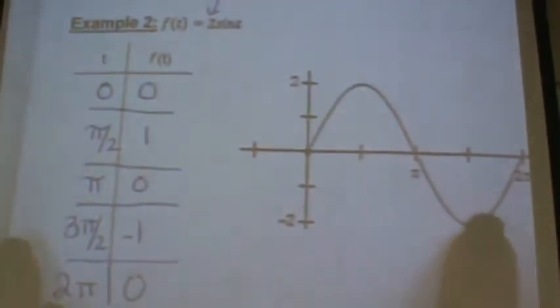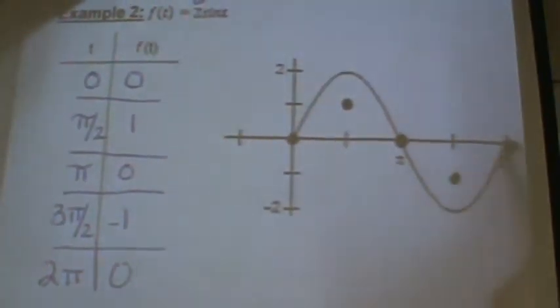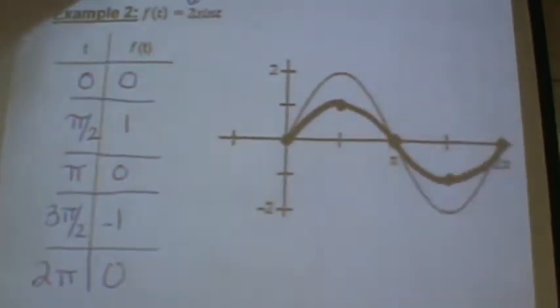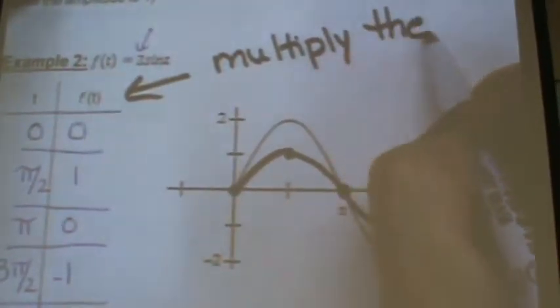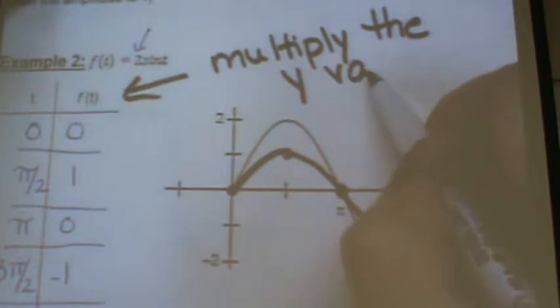Now this is the graph of that, but I'm going to show you, this is the parent function right here. Here's your parent function. It looks like this. On, above, on, below, on. This is the parent function. What does that 2 do? You're going to multiply the y values by what?